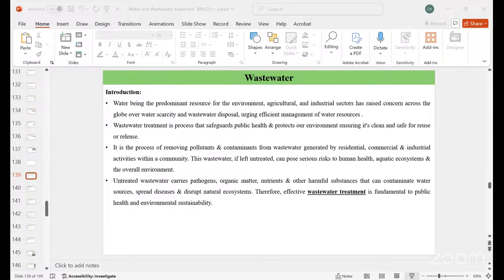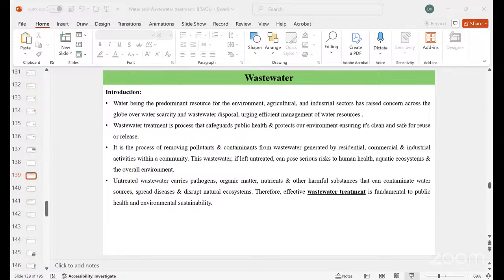Basically, wastewater, if left untreated, carries pathogens, organic matter, nutrients, and other harmful substances that can contaminate water sources, spread diseases, and disturb the natural ecosystem. Therefore, effective wastewater treatment is a fundamental step for public health and environmental sustainability.